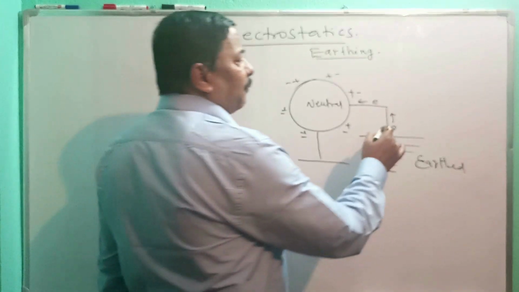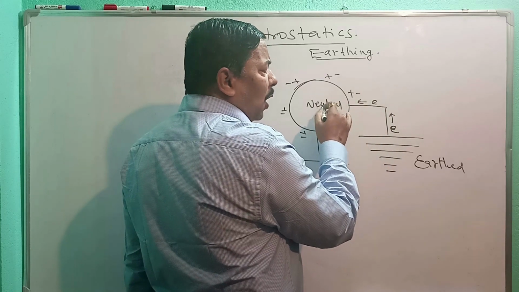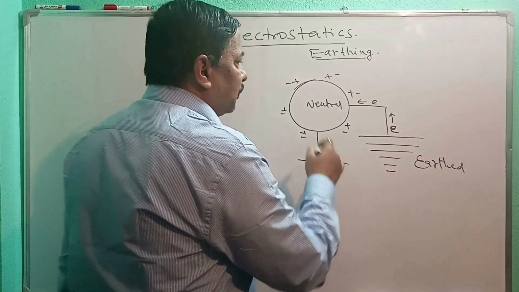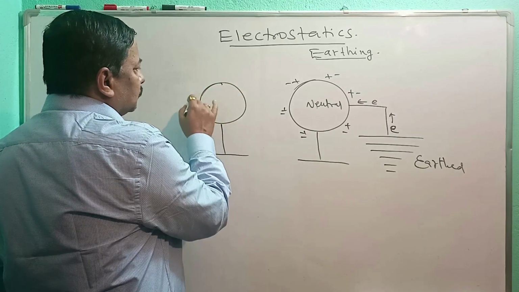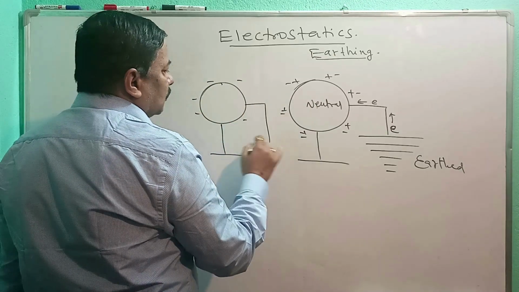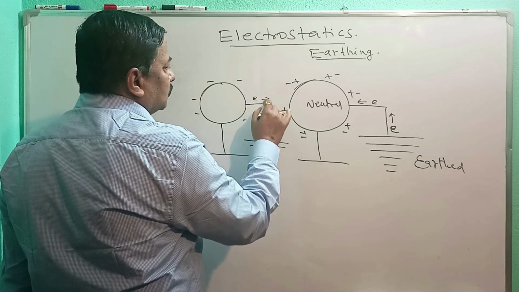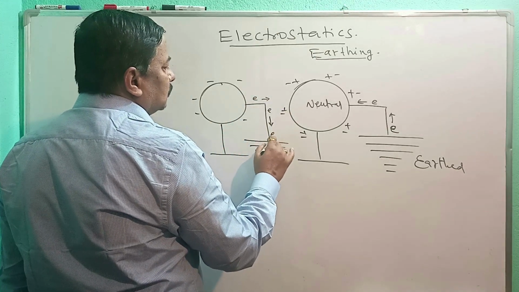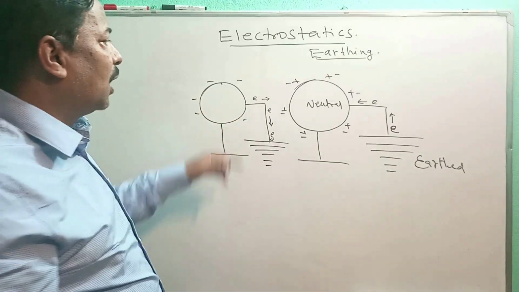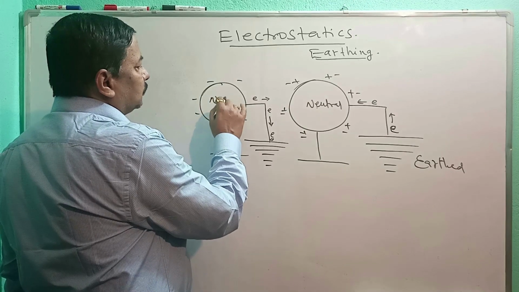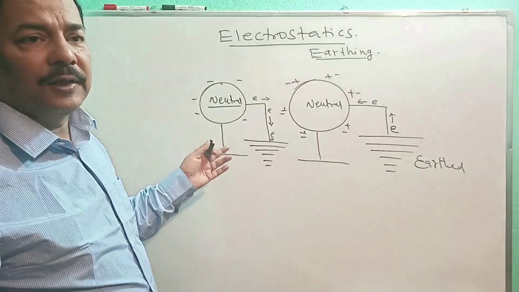Positive charge never flows. Either electrons will go to the body or electrons will come from the body, go into the earth. For example, here electrons will go into the earth. It is not a positive charge. Electrons will go into the earth and it will become neutral. This is the concept of earthing.